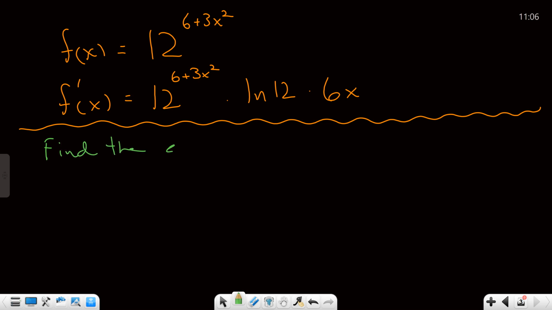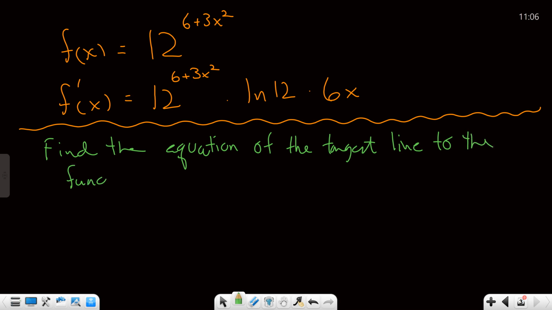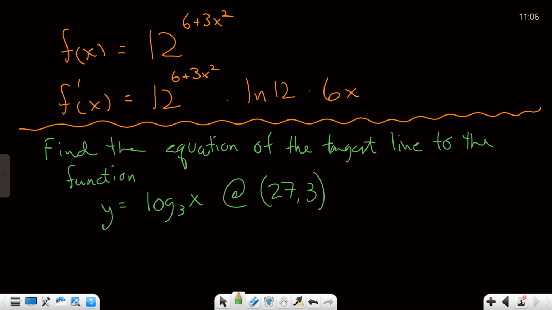Find the equation of the tangent line to the function. I think it's 13. Okay.